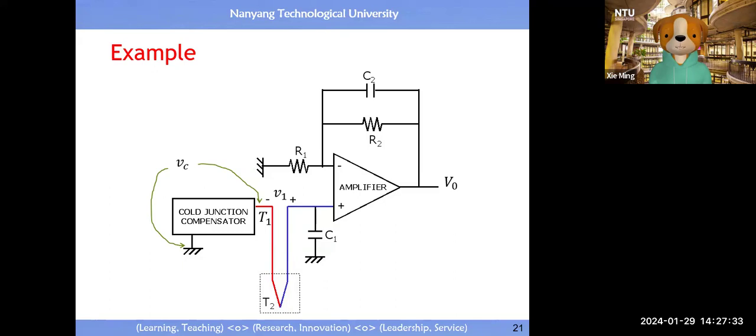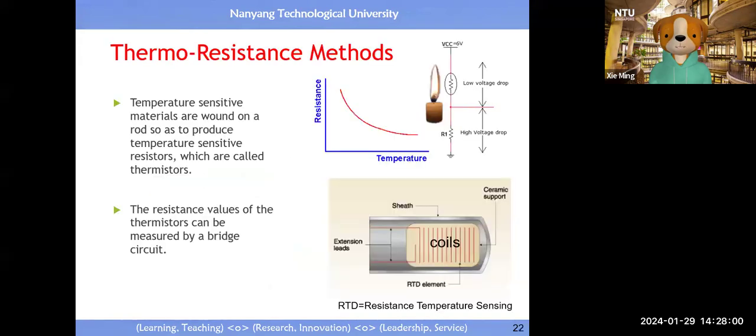Then we just supply negative voltage VC, and VC cancels V1. Then it's equivalent: you obtain the situation in which T1 corresponds to 0 degrees. Then whatever you measure at T2, T2 has a reference at 0 degrees, right? The reading from T2 is referenced to 0 degrees. So this is just for you to know.